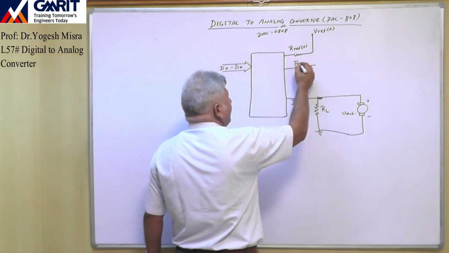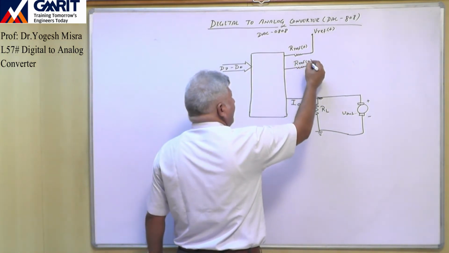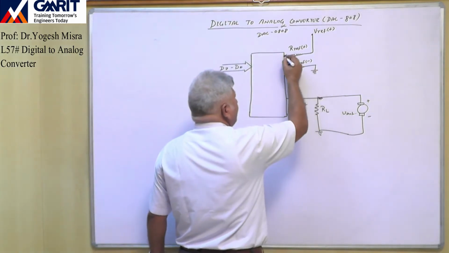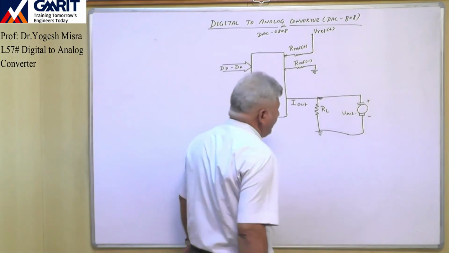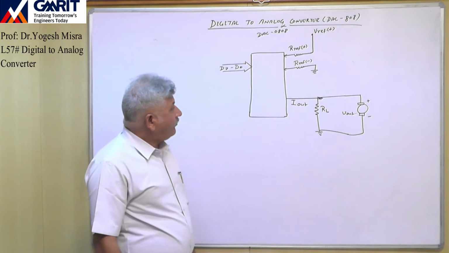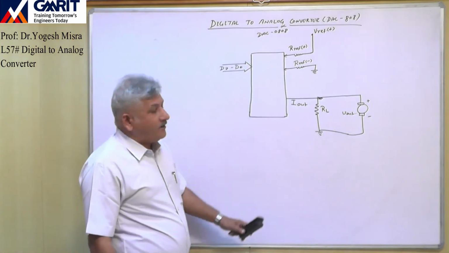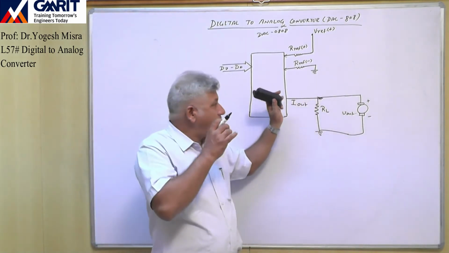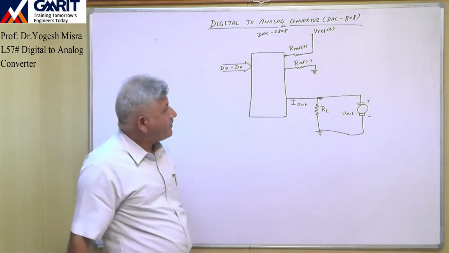This resistor is named R reference minus, and this end is connected to ground. So these are two input pins. Now in this DAC there are other pins also, but these are the more important pins. We will focus on those pins.